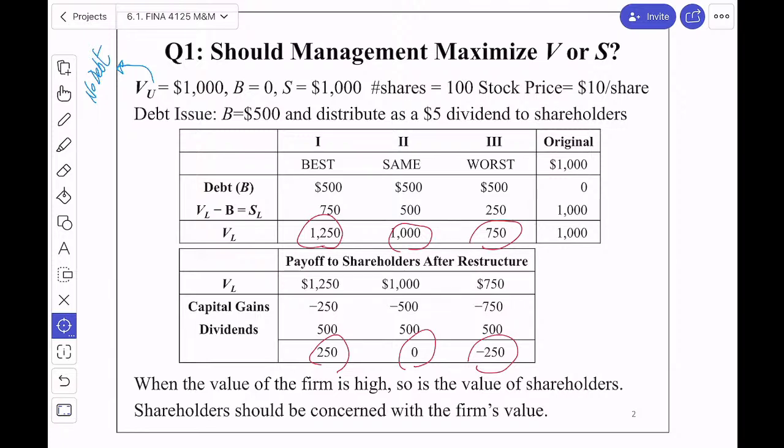So U for unlevered. Ready? So that's my argument for shareholders caring about the value of the firm and maximizing V as a way of maximizing S.